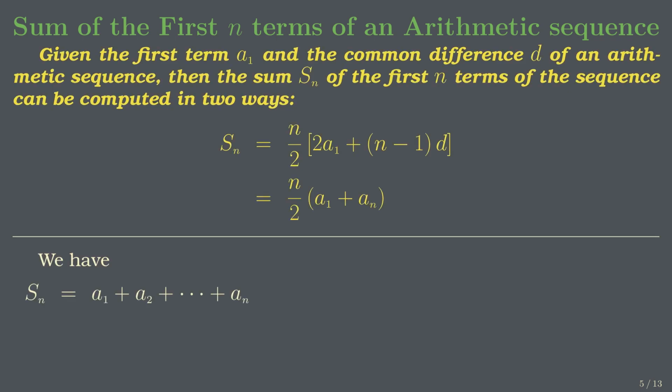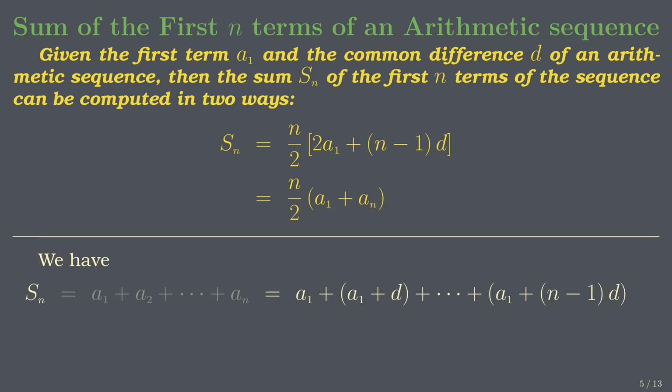So Sn is the sum of the first n terms of the sequence, and you know the formula for each term. The first term is a1, the second term is a1 plus d, the third term is a1 plus 2d, and so on. The nth term should be a1 plus (n minus 1) times d.